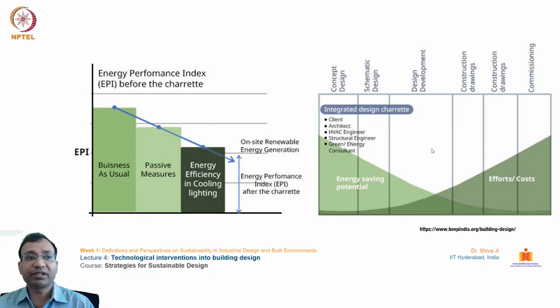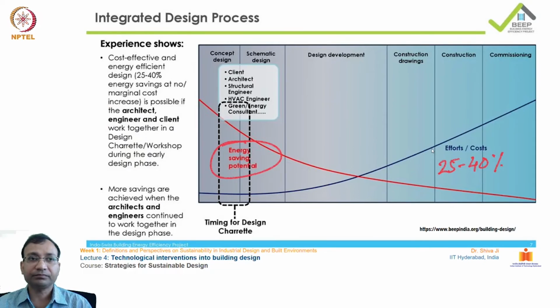The moment we take passive measures, it gets down, and it gets down even further when we go for energy efficient cooling systems, lighting, etc. There is a significant drop in the energy performance of that particular building. And it changes as we progress through concept design, schematic design, then design development. By integrating different stakeholders and taking energy saving measures, the efforts and cost can come down.